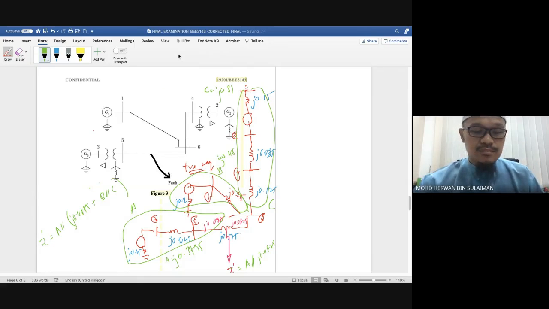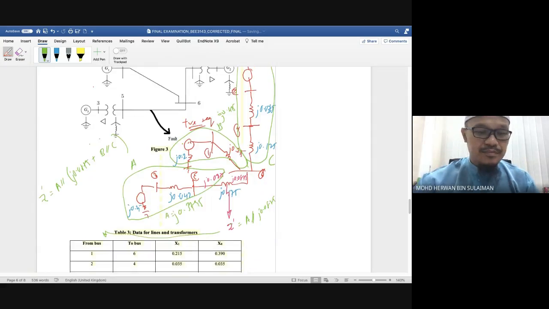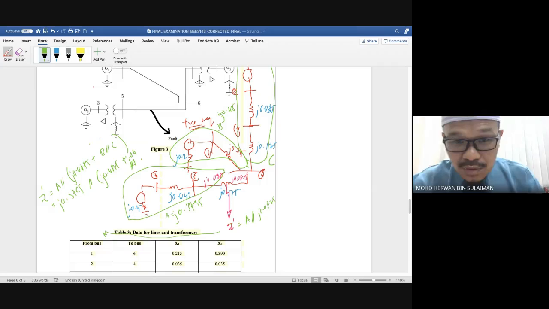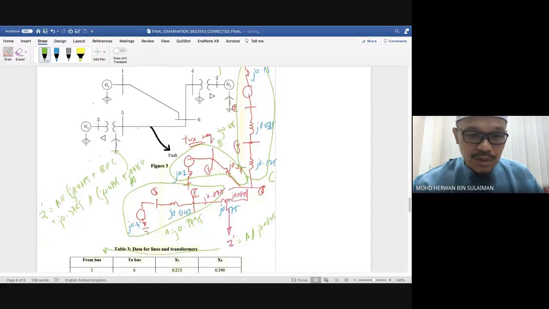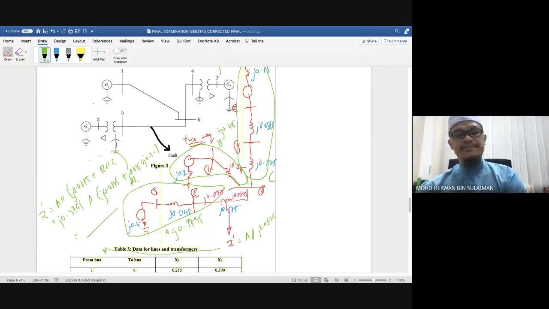Okay, so you can calculate using your calculator. Your A, j0.3795, parallel with j0.0875, plus B, j0.41575, parallel with C, j0.31. Parallel, add, and parallel again, so you get the answer. Try doing it.